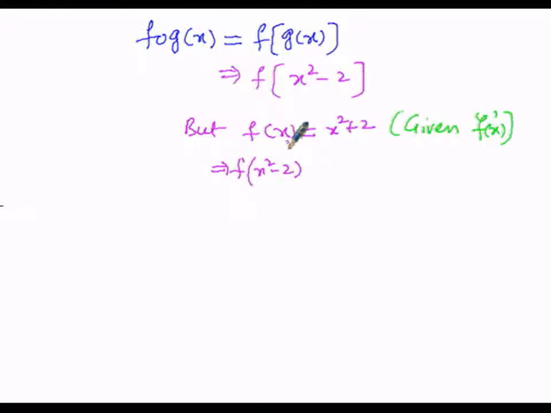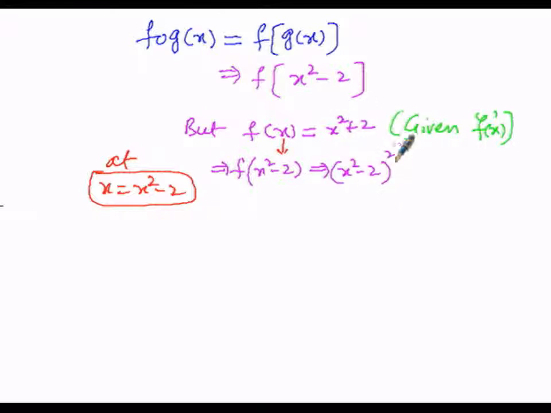That implies x must be replaced by x square minus 2, that is at x equals x square minus 2. So x must be replaced by this x square minus 2, but it must be squared because it is x square, and then plus 2 must be written as it is.